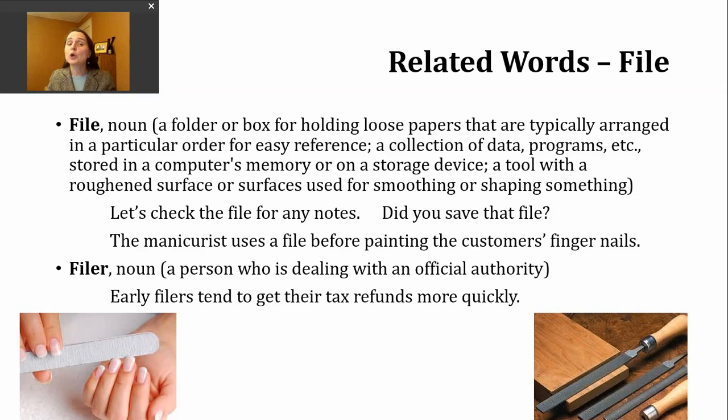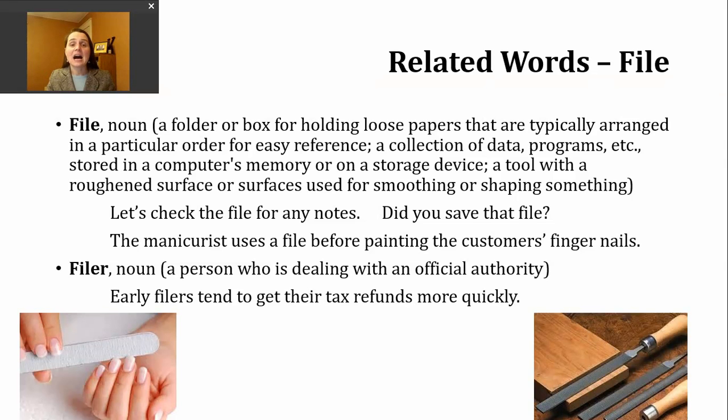A file could be a folder or box for holding loose papers that are typically arranged in a certain order for easy reference. And by arranging in a certain order, it might be alphabetical. So we put all the A's first, then the B's, then the C's. Okay. Here's an example of this noun in a sentence. Let's check the file for any notes.